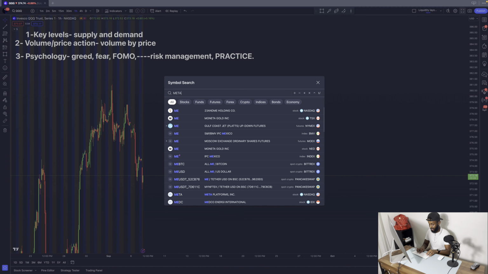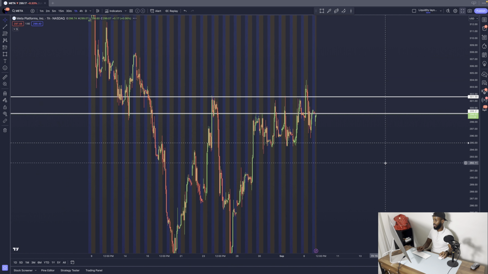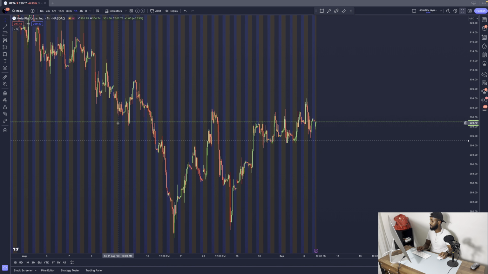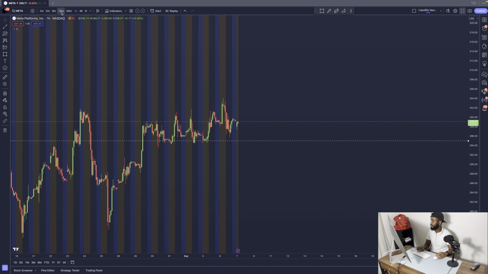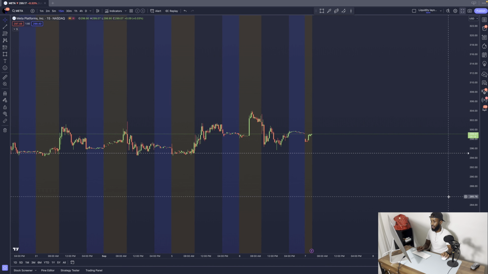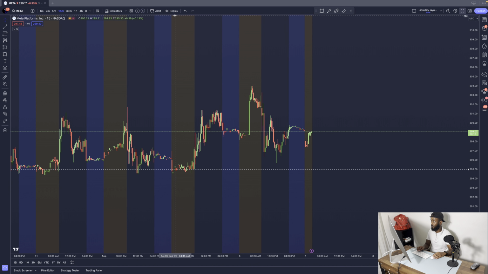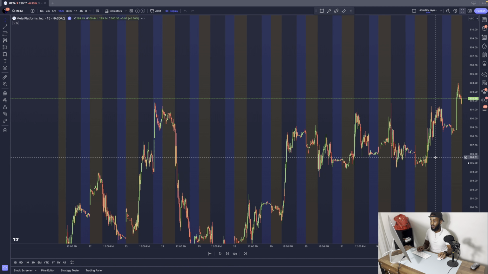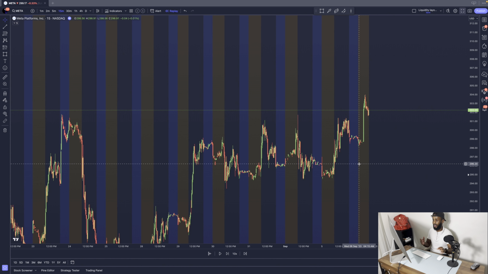So if we look at Meta, that is something that I traded the other day. My number one plan is to find key levels.